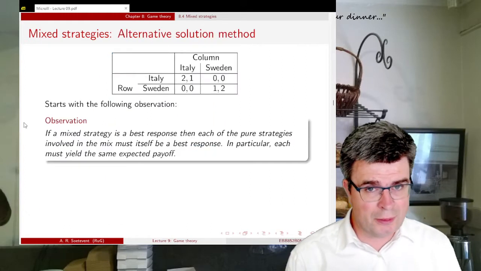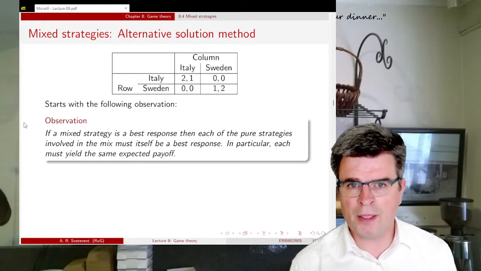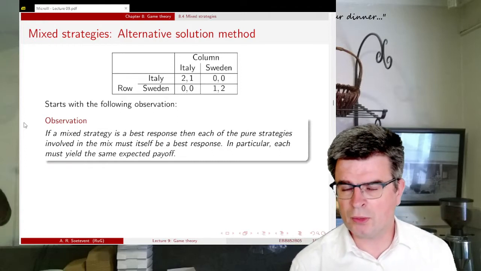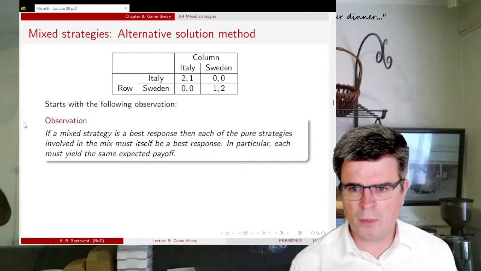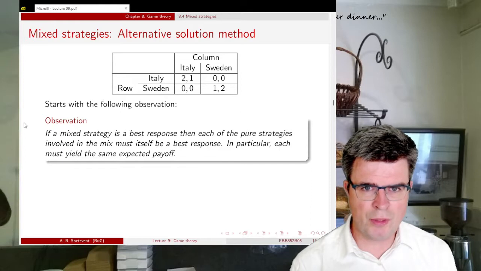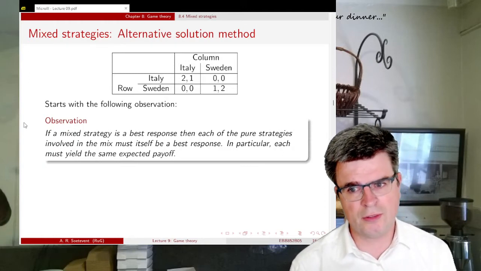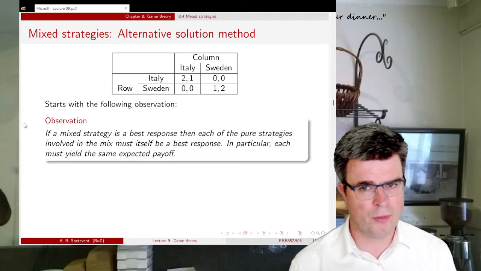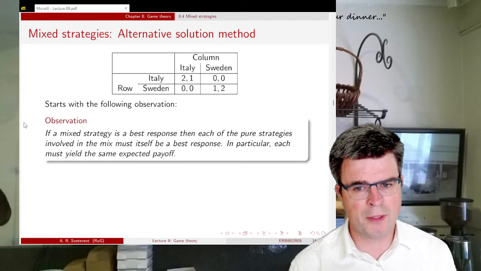As promised, also an easier solution method. And now you are ready for the easier solution method because you went through the pains of the more difficult one. So we start with the observation that if a mixed strategy is a best response, then each of the pure strategies involved in the mix, so in our example both Italy and Sweden, must itself be a best response.